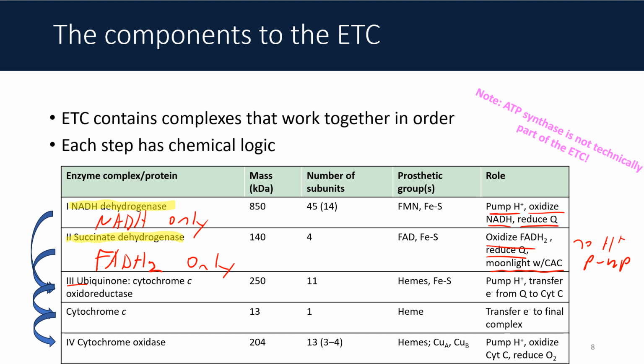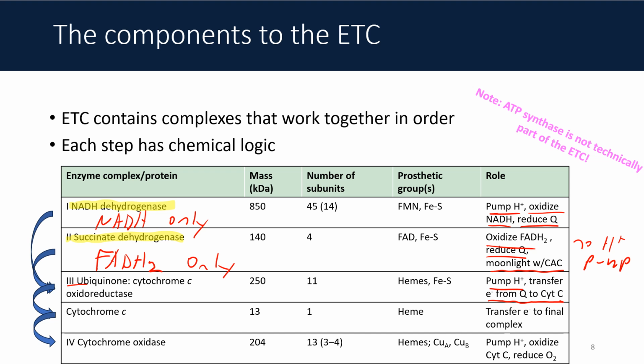And that's going to be cytochrome C. This redox reaction is also going to power another proton pump, further strengthening the proton-motive force we're generating.